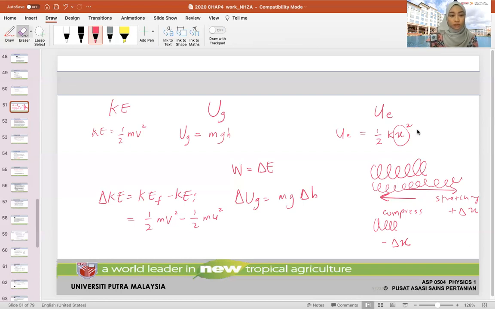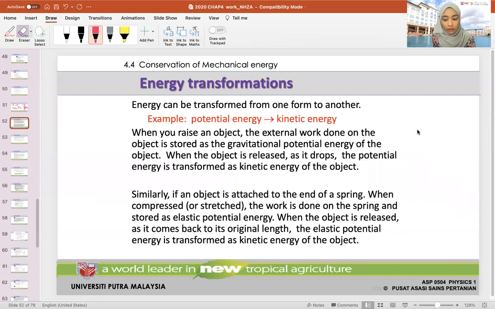Okay, so then I told you, when you have a change in energy in your system, for example, what was the example last time? We had a spring that was connected to a mass.